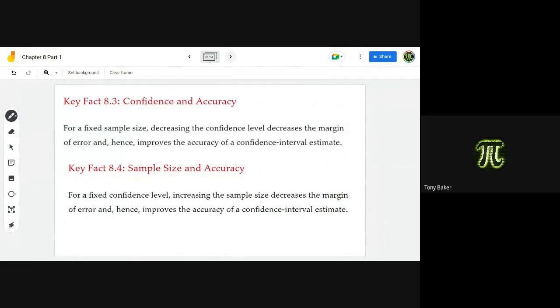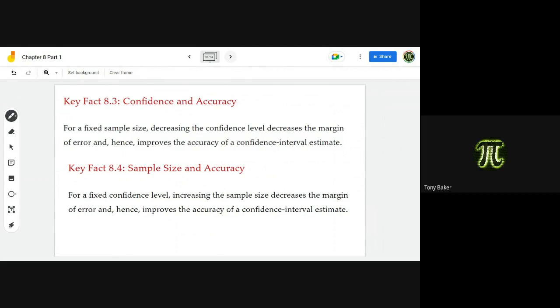So for a fixed sample size, decreasing the confidence level will decrease the margin of error. And for a fixed confidence level, increasing the sample size will decrease the margin of error. Both of those will improve the accuracy of the confidence interval estimate, depending on the data that you're looking at.